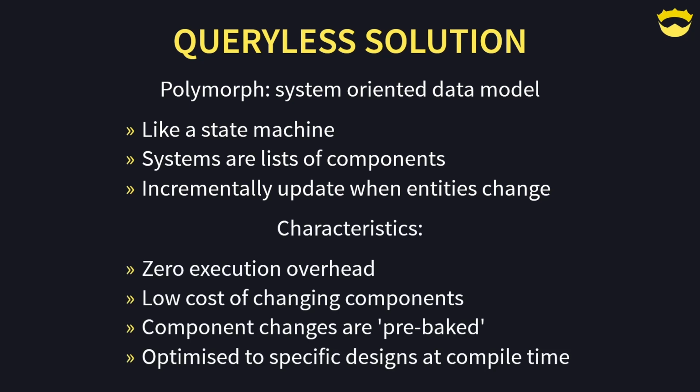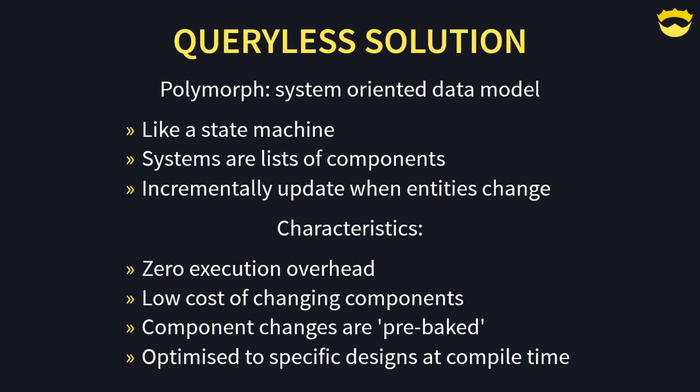So this has some quite nice characteristics. One of the main ones being that there's absolutely zero execution overhead for systems. They're not doing anything at all to process data. They just work through their lists, and if you want to run them again, they just carry on again. There's absolutely no work there. There's also quite a low cost of changing components because you're just updating system lists. So that's nice and quick.